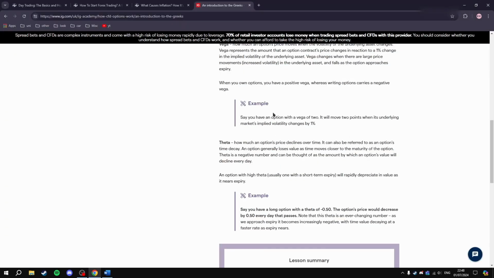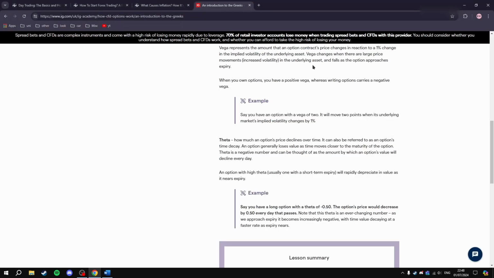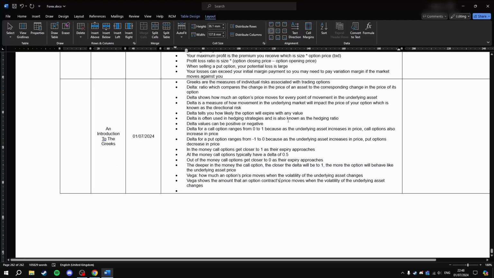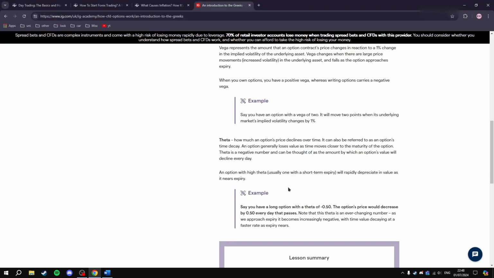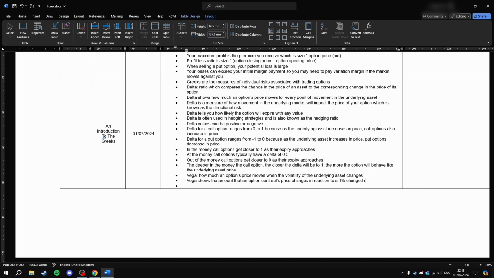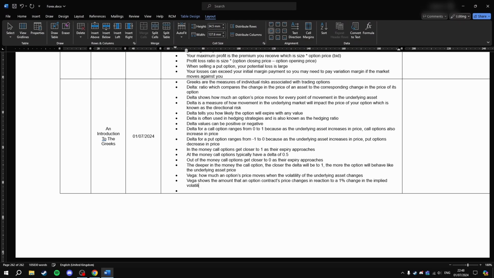Oh my god, I completely read it wrong. Okay. Vega shows the amount that an options contract's price changes in reaction to a 1% change in the implied volatility of the underlying market asset.